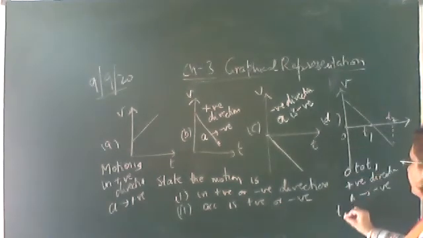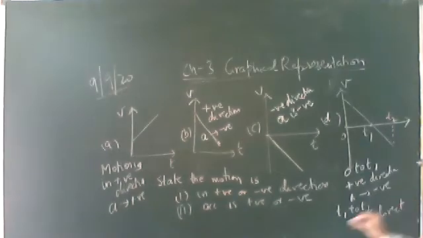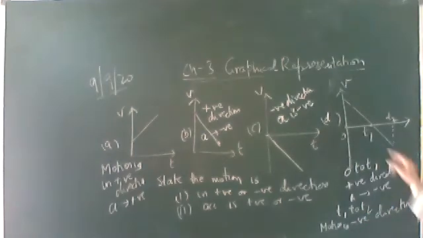From t1 to t2, motion is in the negative direction. And as the velocity is decreasing, so the acceleration is also negative.